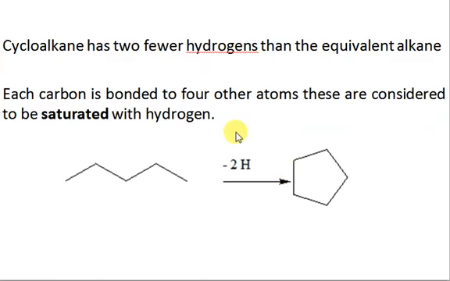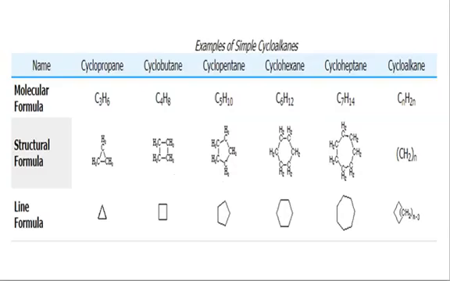Therefore we say that each carbon of this cycloalkane is saturated, right? So although there are 2 hydrogens less in the cycloalkanes, still they are considered saturated. The reason being that in cycloalkanes all carbons are forming 4 bonds to other atoms, so therefore the cycloalkanes are considered saturated hydrocarbons.